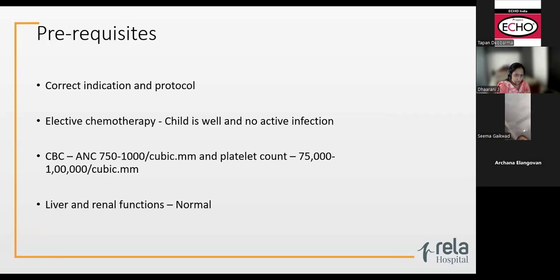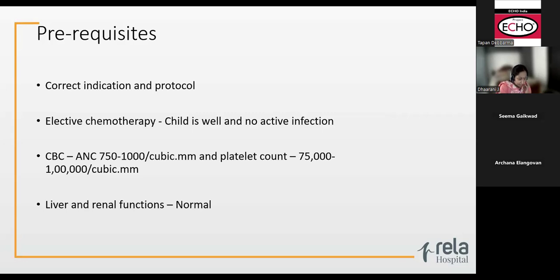So we have to ensure that the child is currently well and active, and there is no active infection going on. Yesterday night, the child had a 101 fever, the parents did not tell anyone, and then they got admitted. We have to think, and we cannot proceed with chemotherapy with an active infection. So all these are very, very basic steps.